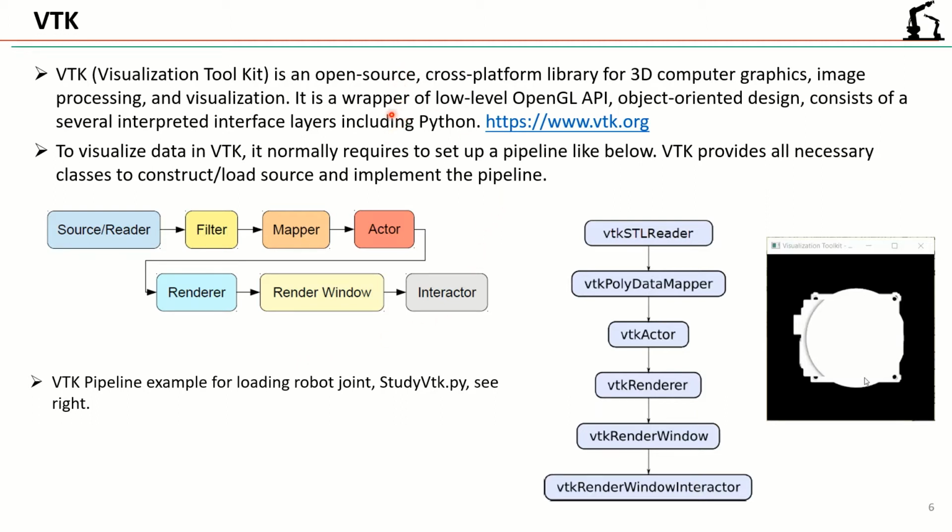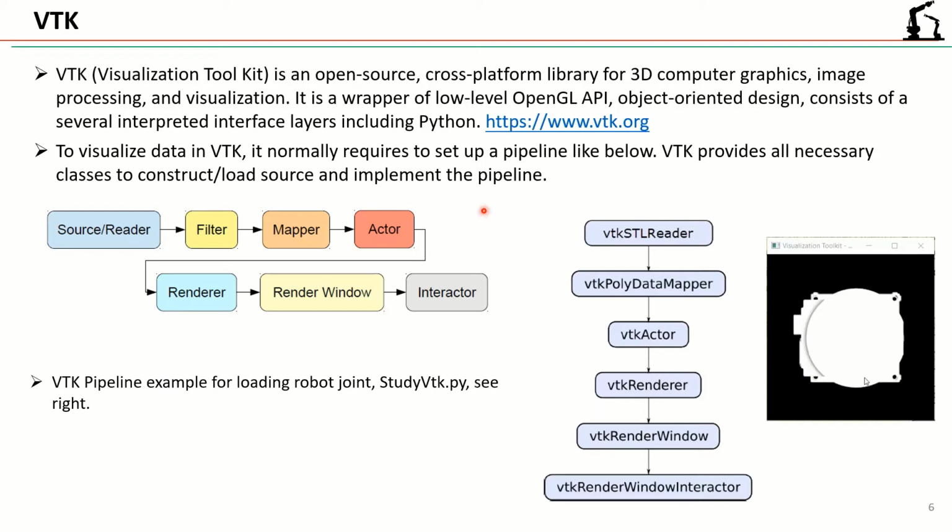That is for robot model display, manipulation, and process visualization. To visualize any data in VTK, it usually requires setting up a pipeline like this. VTK provides all the necessary classes to construct or load the source and implement this pipeline.